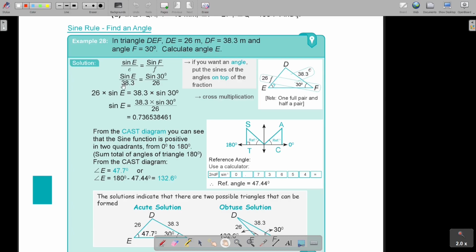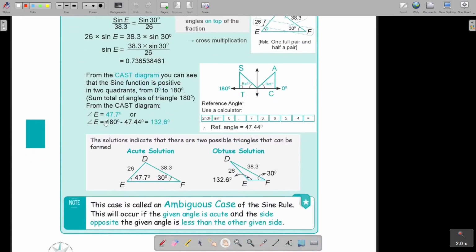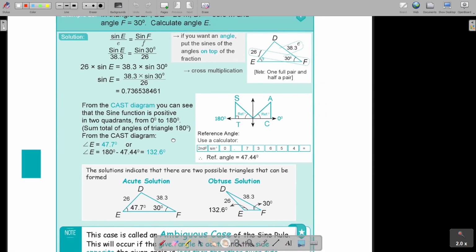So, sin E over 38.3 equals sin 30 over 26, and then it's just cross multiply. But remember, you are looking for an angle, so you must press shift, sin, and then you will get the angle, and the angle was 47.7.